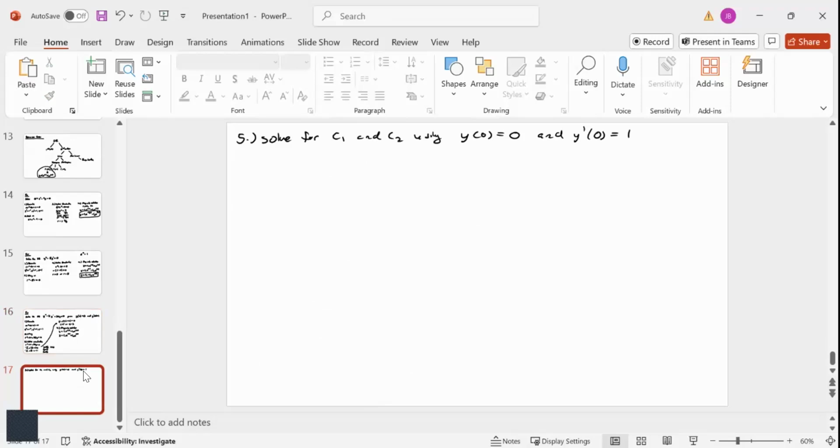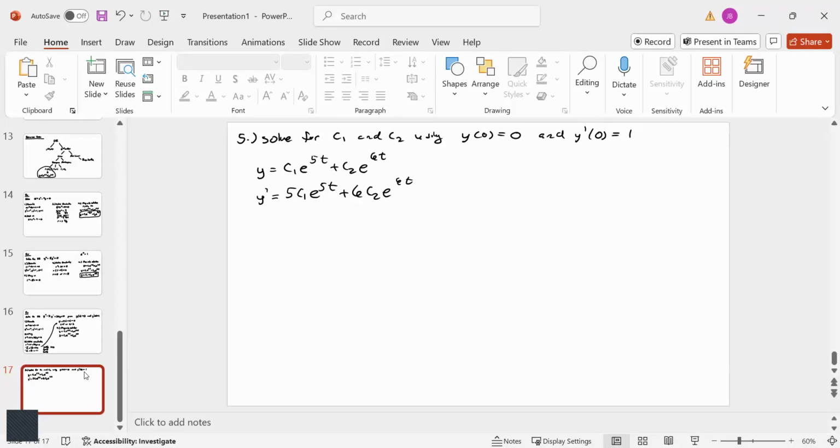Because we have a derivative, that means you will have to take the derivative, right? So y is equal to C1 e to the 5t plus C2 e to the 6t. If I take the derivative, chain rule says 5 C1 e to the 5t plus 6 C2 e to the 6t, right? You just do the chain rule.